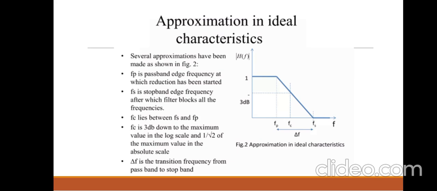Next, as we know, the ideal response of the filter is not possible, so we can only approximate the ideal response, and in this slide we are going to discuss that.